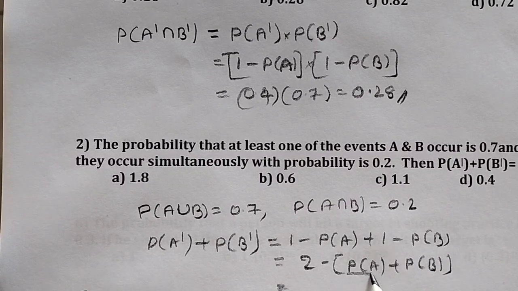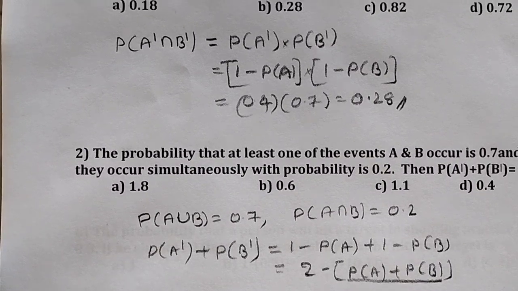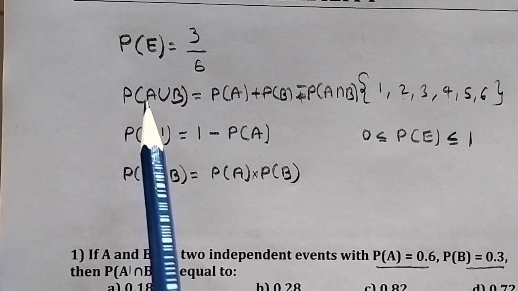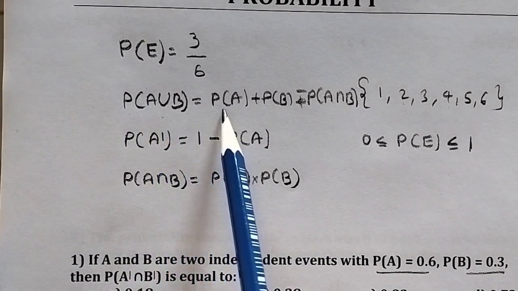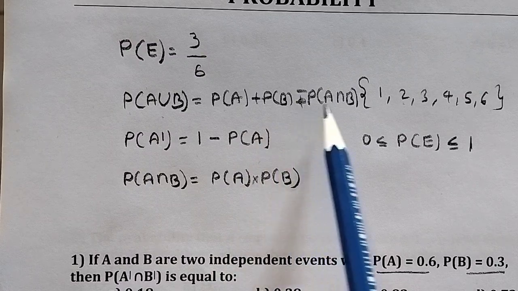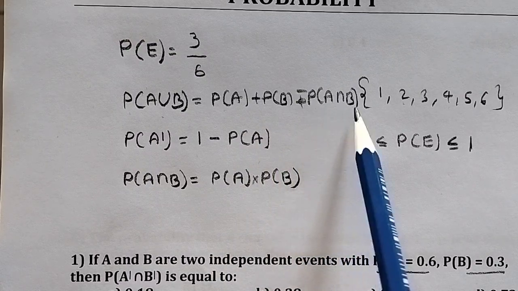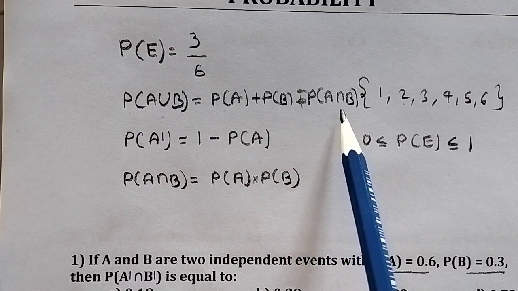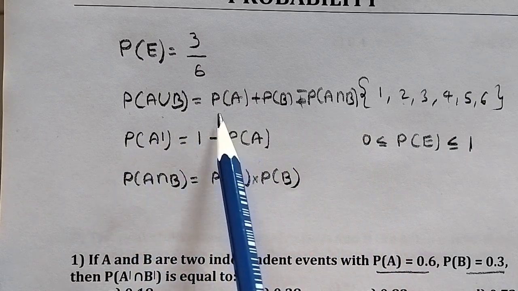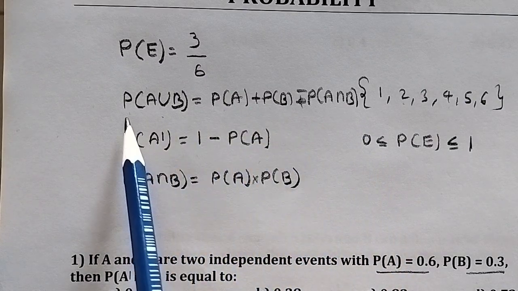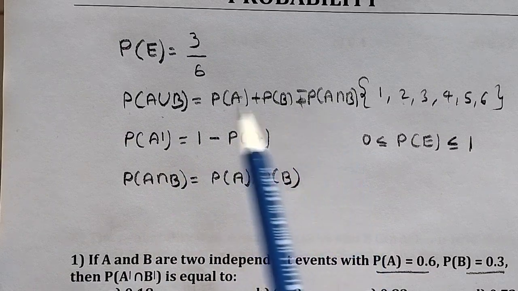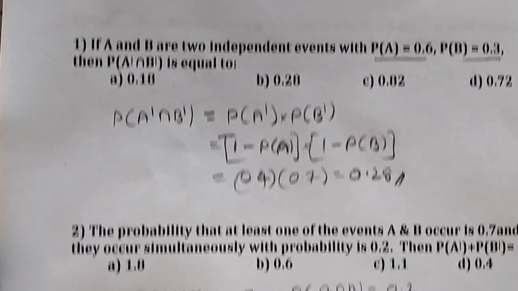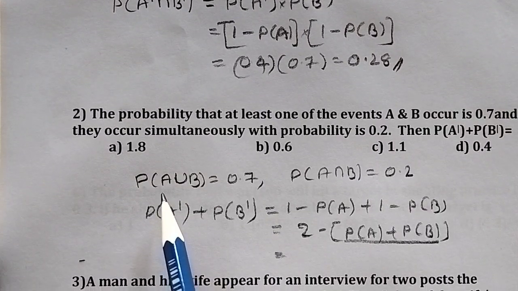We know P of A union B is equal to P of A plus P of B minus P of A intersection B. Taking minus P of A intersection B to the left side, P of A plus P of B will be P of A union B plus P of A intersection B. I'm going to apply that formula here, because these two values are available.